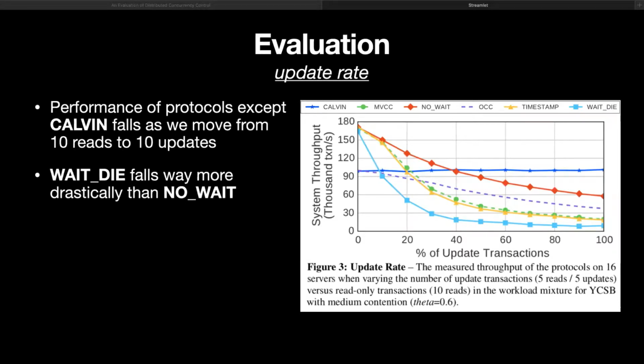An interesting point to see here is that wait-die, where you don't abort the transaction immediately, falls way more drastically than no-wait, which is to be expected because no-wait is more aggressive. It aborts the transaction immediately, so it is possible that the transaction can come back and try again. But in wait-die, it just hangs out in the priority queue, and essentially no work is being done, so that time is wasted.